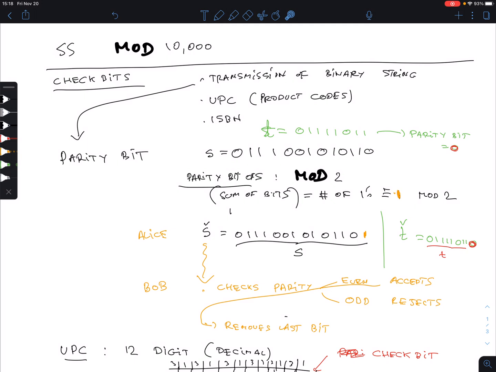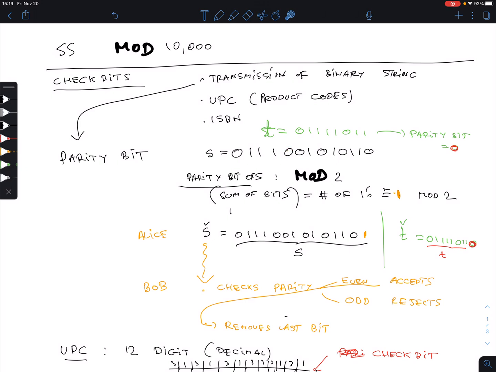If only 1 digit flips, see, each time a digit flips, the parity changes, right? If you had 3 ones and now one of them flips into a 0, then you have 2 ones. If the 0 flips, it becomes a 1, and then you have one more 1.